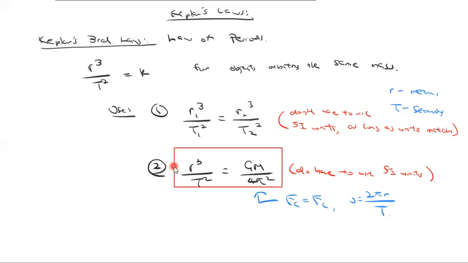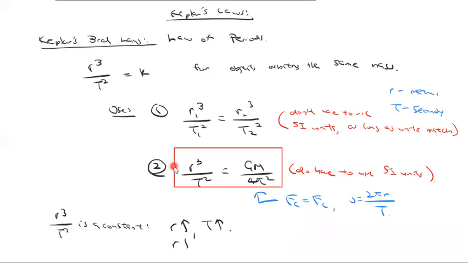And probably importantly for you guys, you might want to think about what that means. Kepler's third law is that r cubed over t squared is a constant. So basically that means if r goes up, then t must go up.